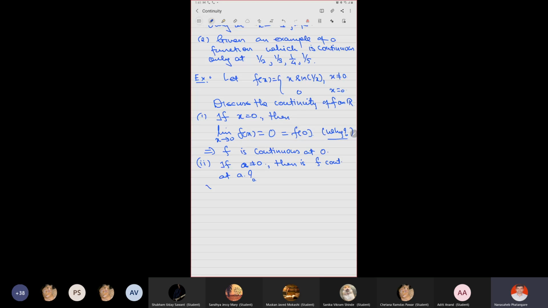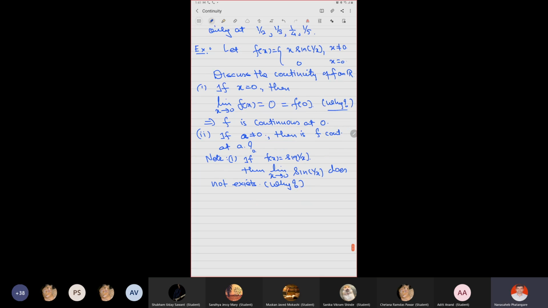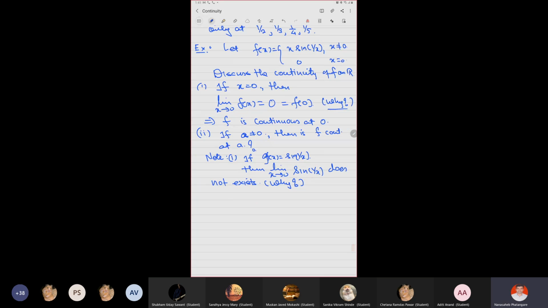Okay, so note, if g of x is equal to sine 1 by x, then the limit as x tends to 0 of sine 1 by x does not exist. We already proved this, right? So the limit of this function does not exist at 0.